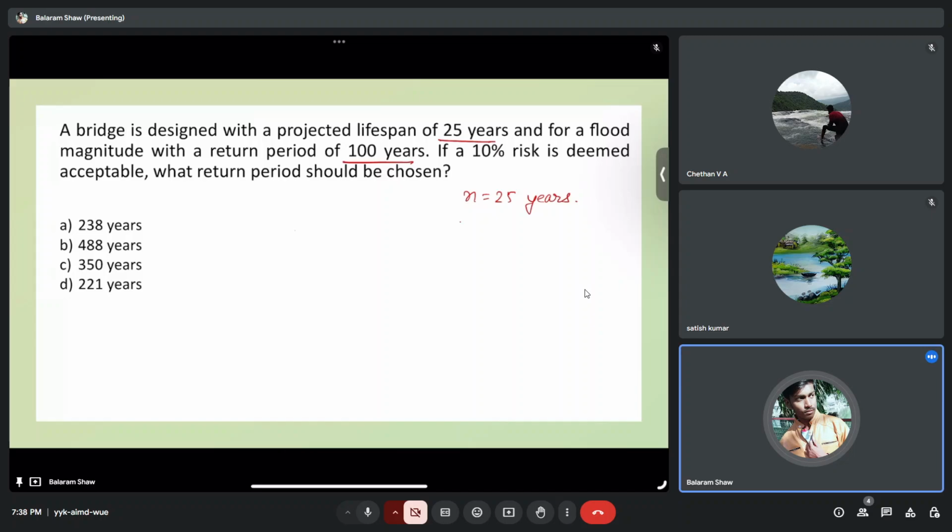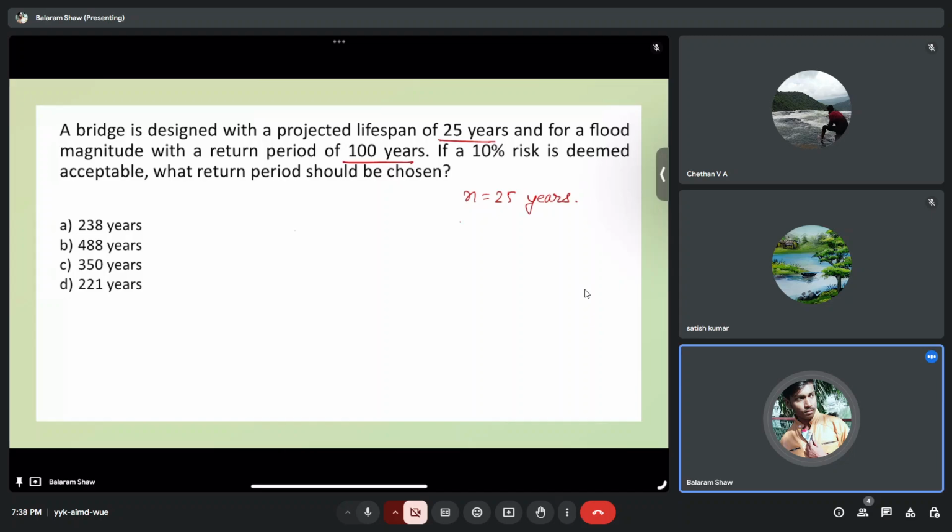Just calculate it and let me know how much you are getting. I will also calculate once. I am getting somewhere near 237.78 years. Are you getting the same answer?